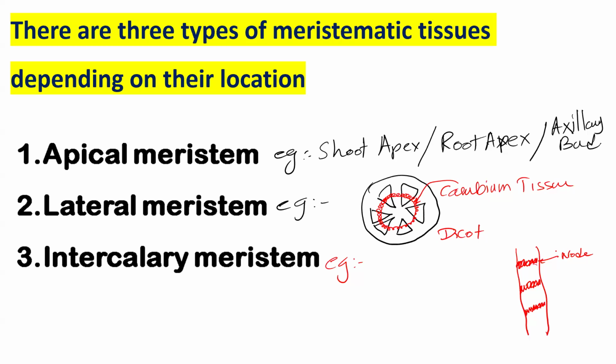They help the plant to grow in height. When the node increases, internode size increases and the height of the plant drastically increases. So that is present in the node, and nodes are present only in monocot plants. So apical meristem is present in dicot, monocot both. Lateral meristem only in dicot. Intercalary meristem only in monocot.